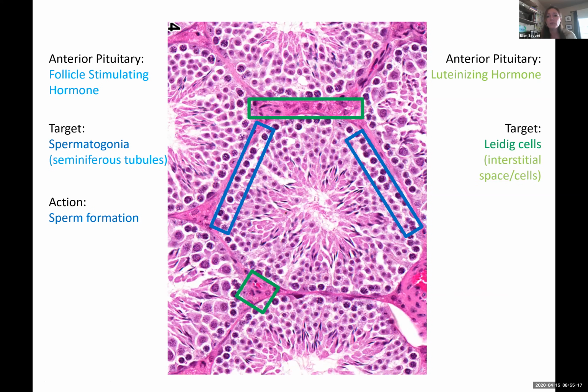On the right side, we see the anterior pituitary is going to release luteinizing hormone, and that will go to the cells in between seminiferous tubules, known as interstitial cells or Leydig cells. The job of those guys is to make testosterone. So I want to be really clear that you understand the role of both of those hormones.